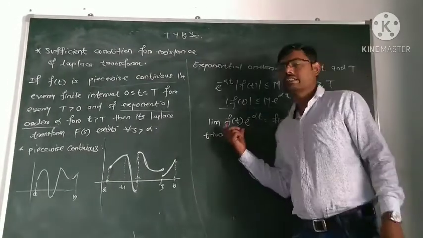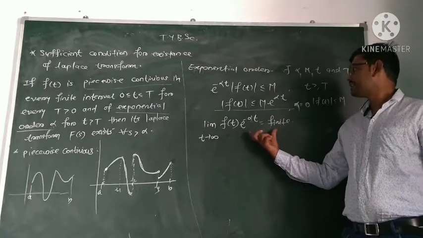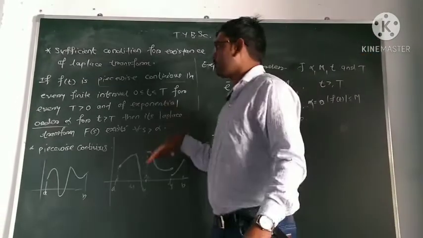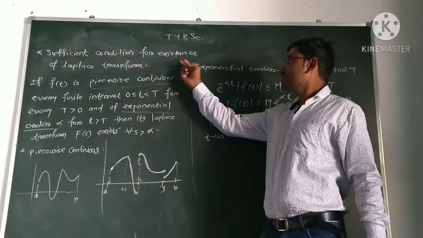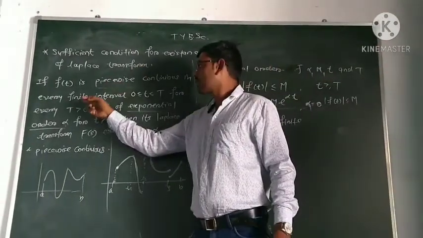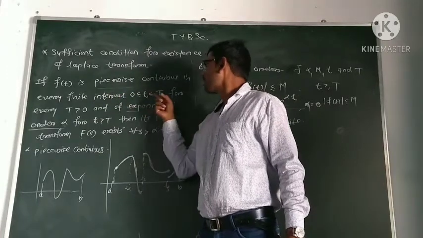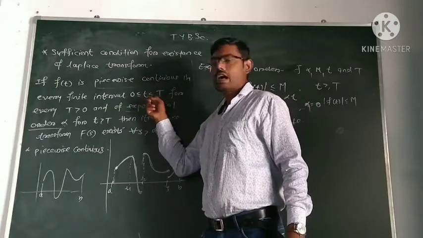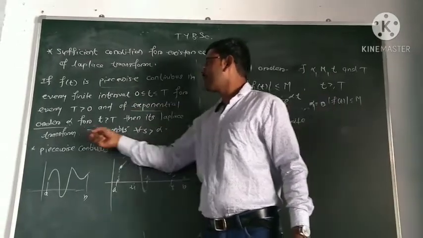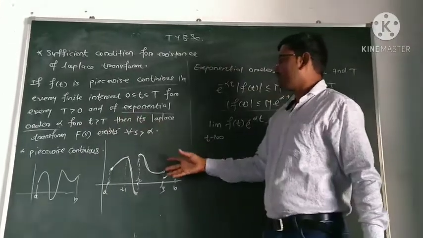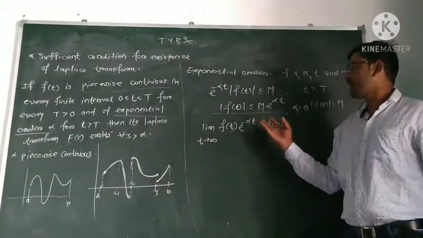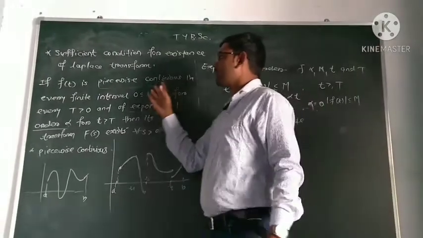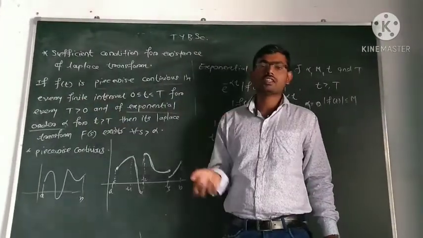If this condition is satisfied, then the function is of exponential order. Now the sufficient condition for existence of the Laplace transform is that the function must be piecewise continuous on this interval for every t greater than 0, and of exponential order alpha for t greater than T. If the function is piecewise continuous and of exponential order, then the Laplace transform of the function always exists.